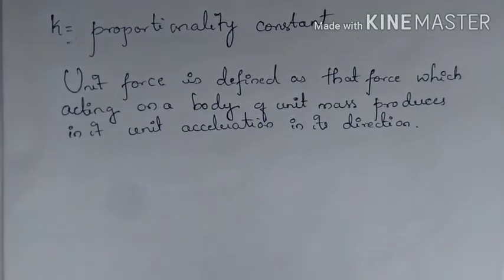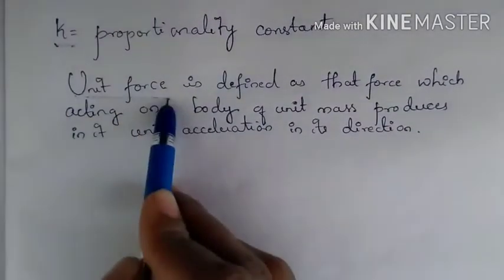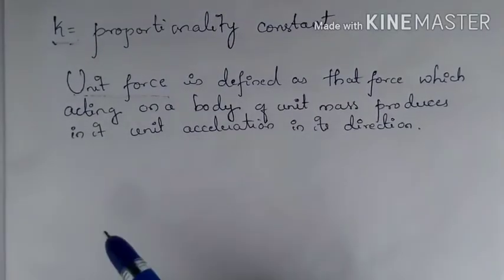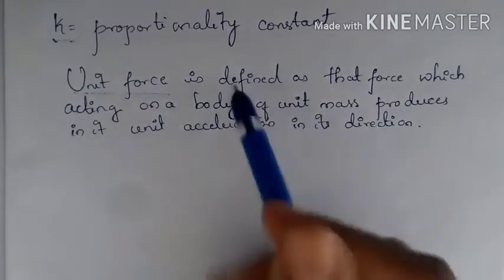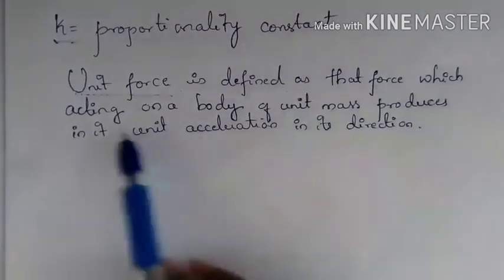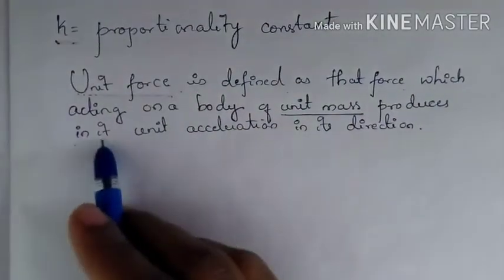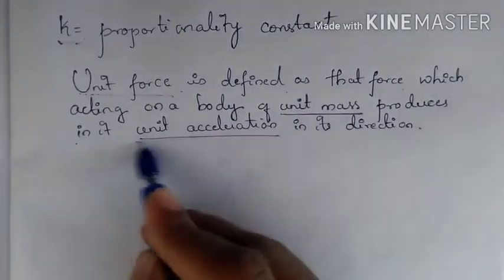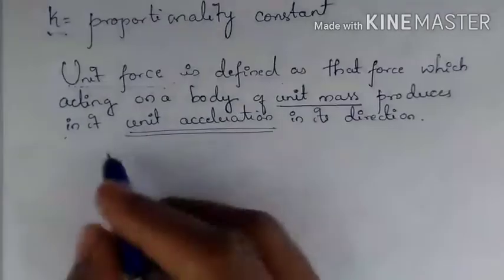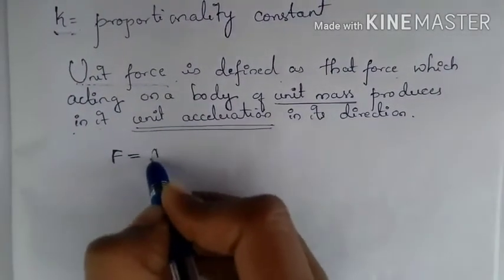So what we are doing here, just to get the value of k, we are defining the unit force. Unit force means the value of force should be 1 unit. Unit force is defined as that force which, acting on a body of unit mass, produces in it unit acceleration. So if I write it in equation form, F is equal to 1.